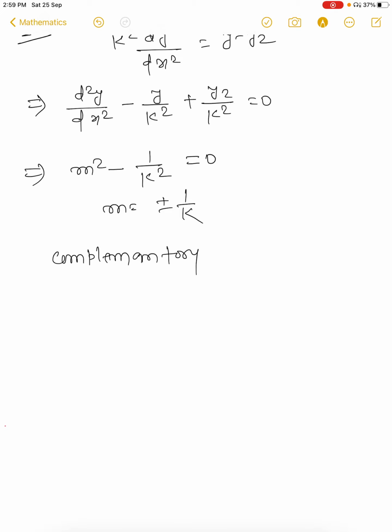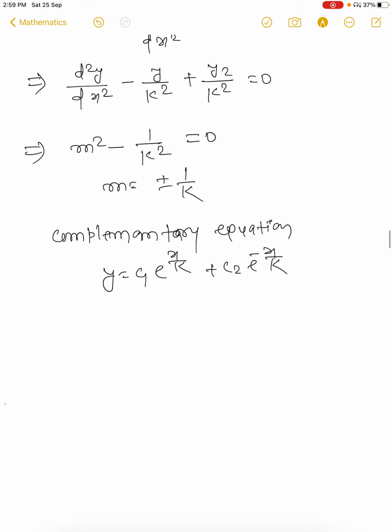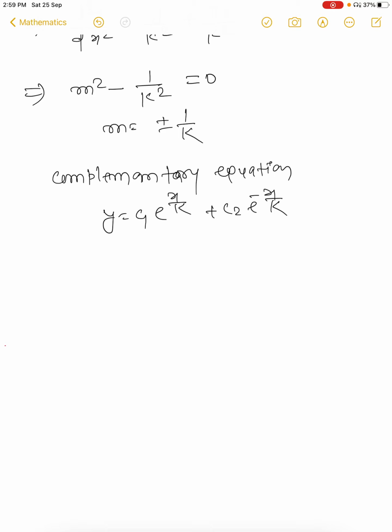And the complementary equation will be y equal to c1 e to power x by k plus c2 e to power minus x by k, plus y2, since y2 is a constant. Then there is a condition: x equal to 0, then y equal to y1.